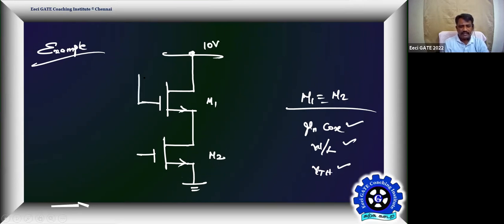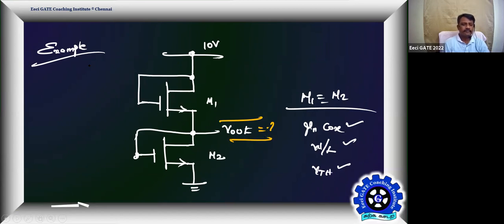I am connecting the gate and drain terminals shorted. Here also the gate and drain terminals are shorted. I'm calling this V out. Find the voltage V out. That's the problem. Find V out in the given circuit.